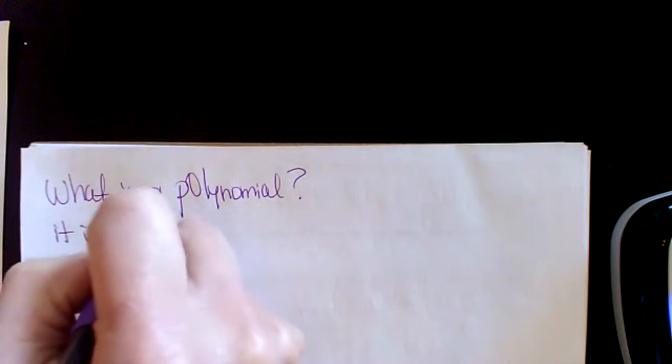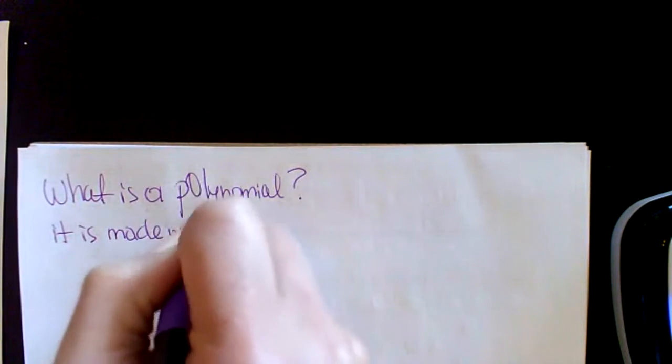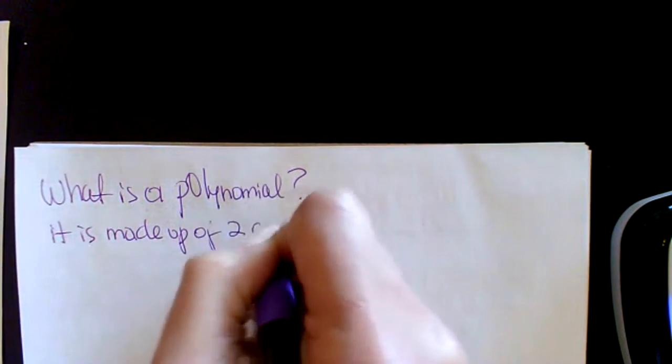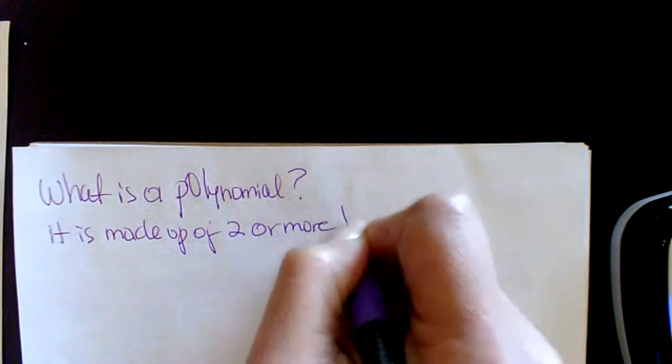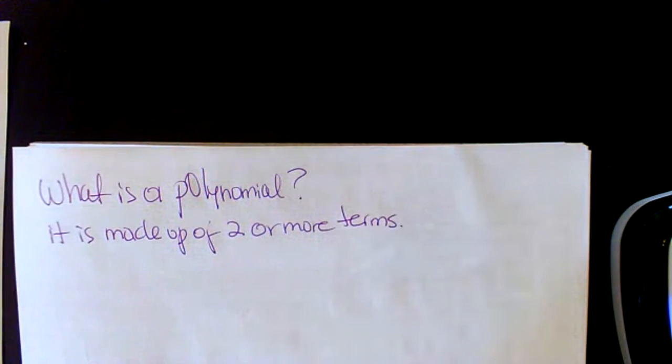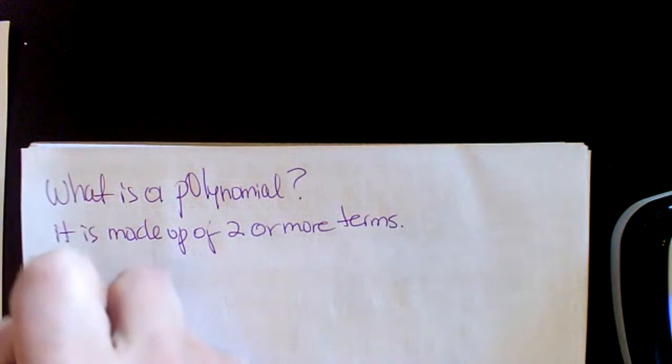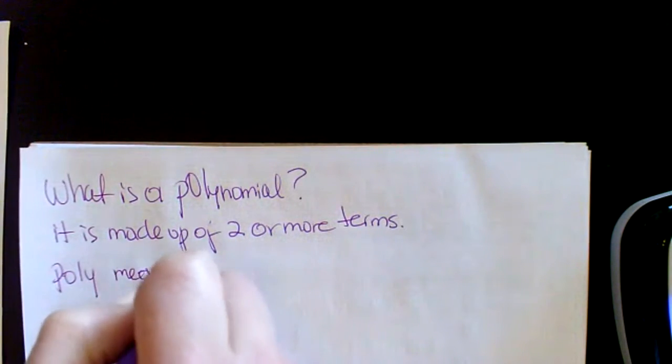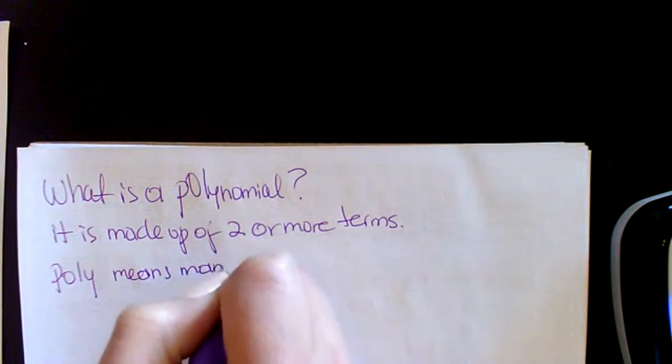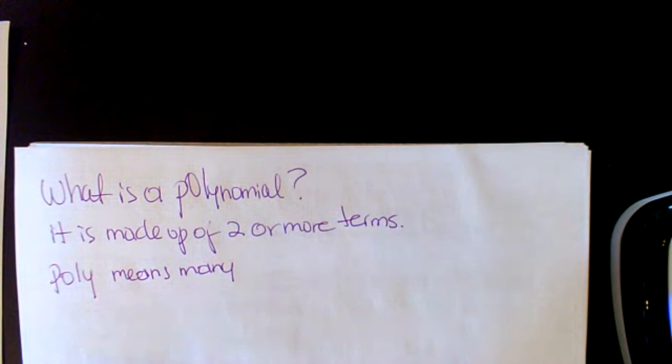So it is made up of two or more terms. Okay? When we said poly means many, okay? Like polygamy.